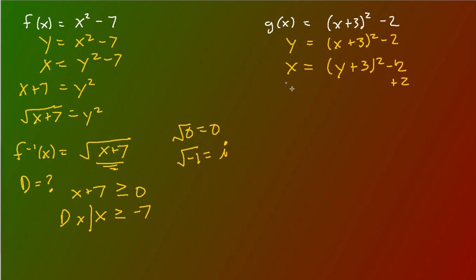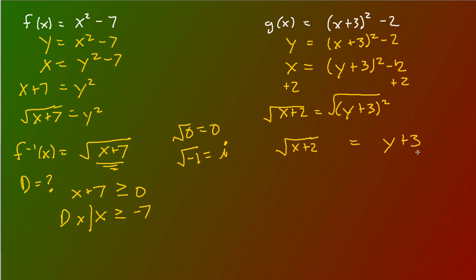So I'm going to add the 2. And then how do I undo this square root? So I get root x plus 2, then equals y plus 3.